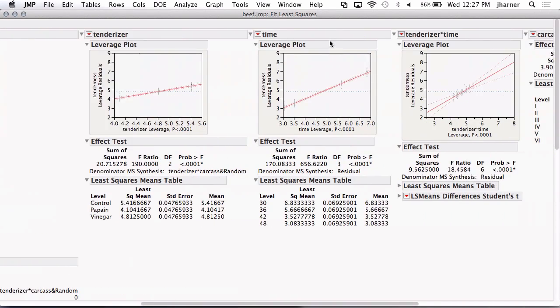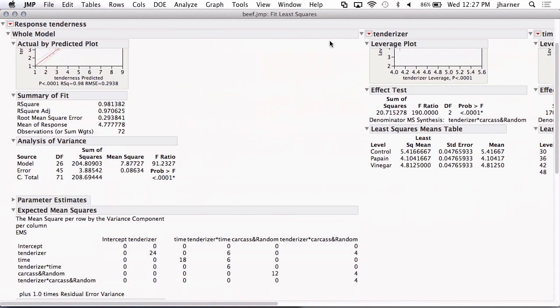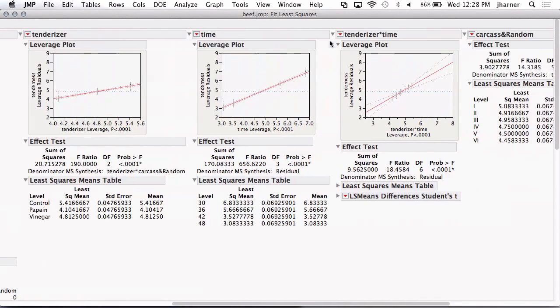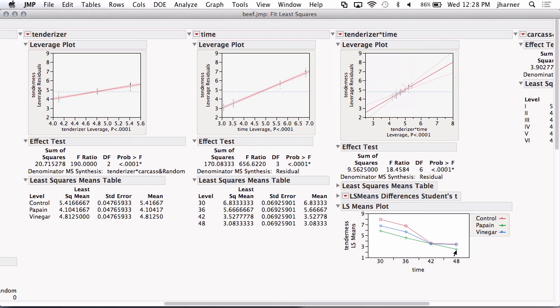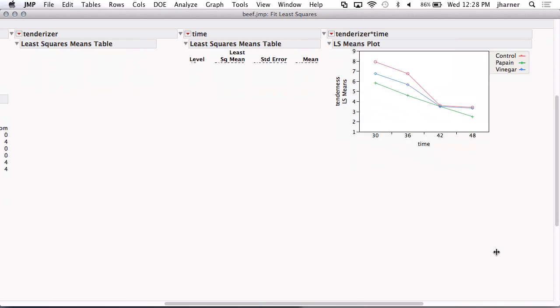Whole plot. On the other hand, if I go down and do the plot, you recognize that? That's the same plot that we had before, right?